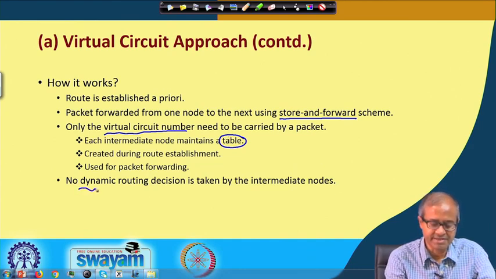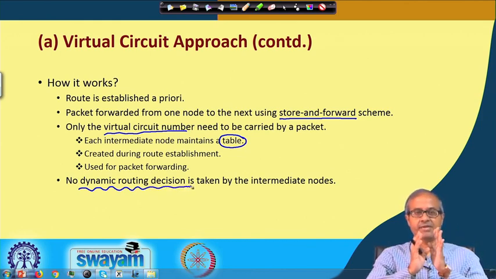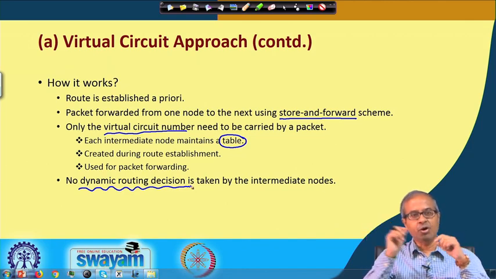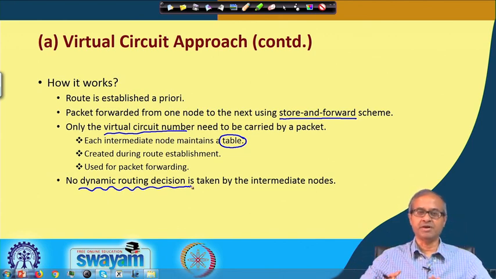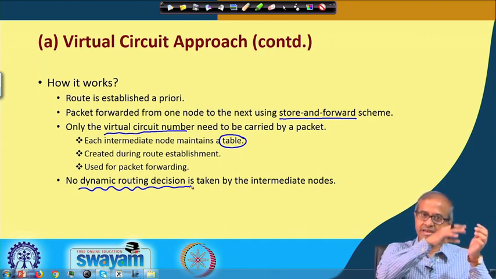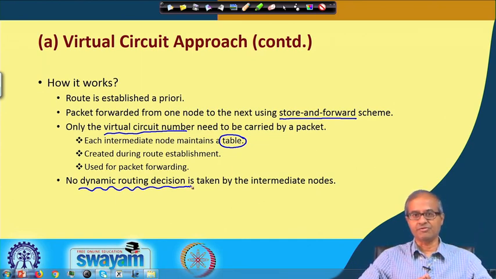And the important thing is, no dynamic routing decision is taken here. Once you establish the connection at the beginning, all the packets for a particular virtual circuit will follow that same path. Even if some of the links is very much loaded and has become slow, still that same path will be followed.